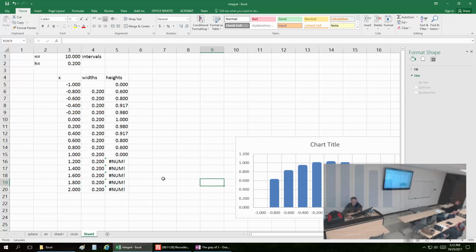Now I'm going to carry out this plan of computing the area. I'm supposed to multiply these and then add them together. That's not too hard. So let's multiply: width times height.